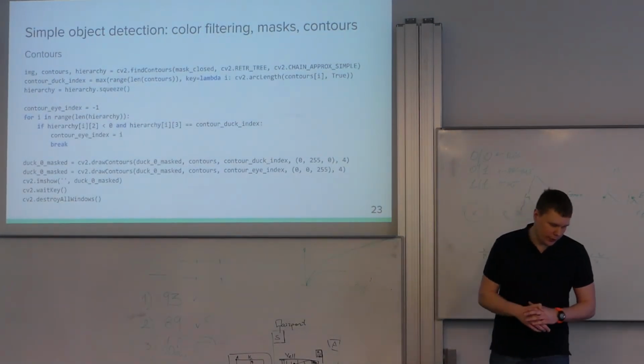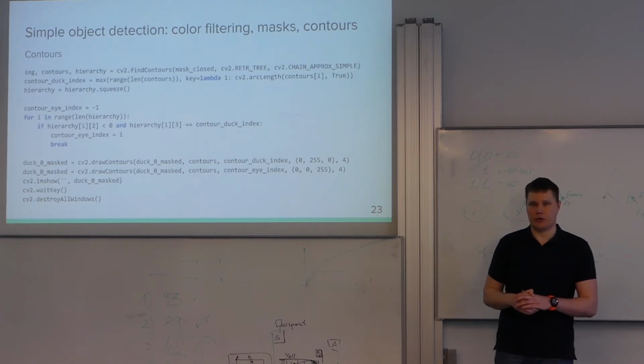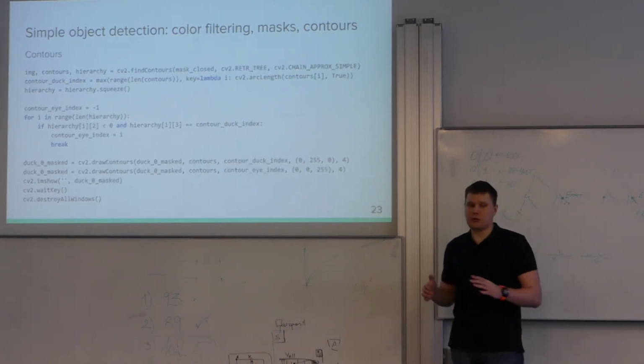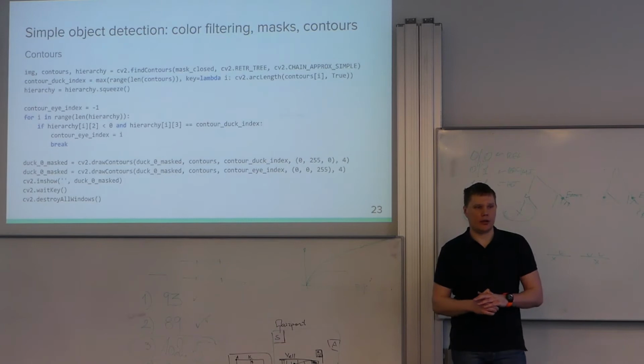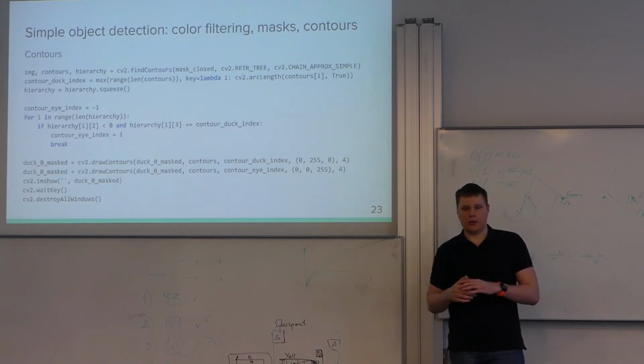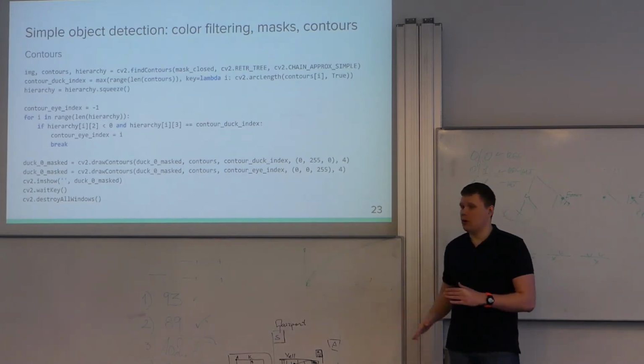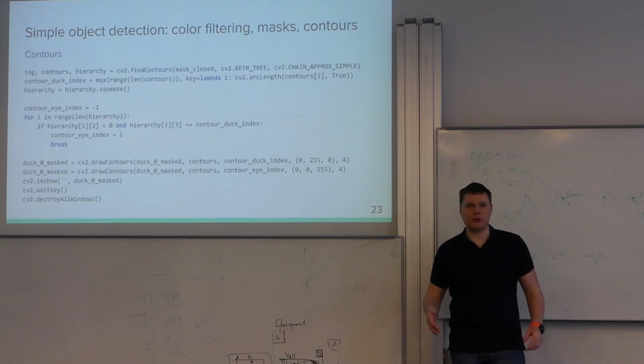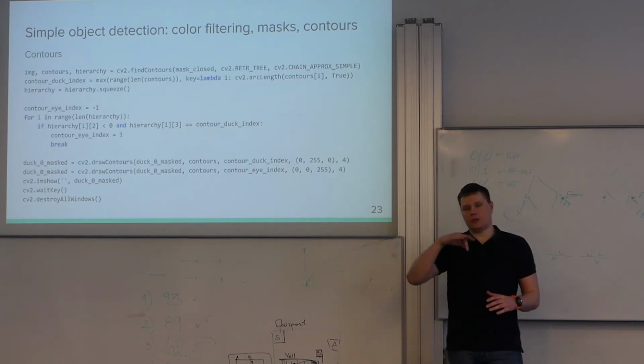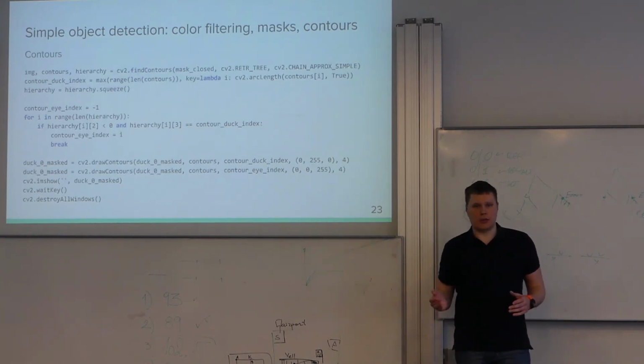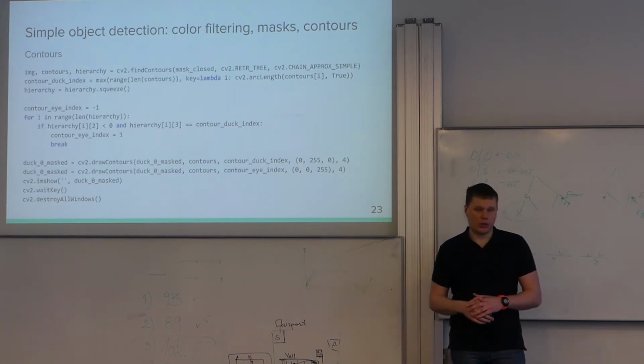We can do it with the findContours function. findContours works with binarized images. What does it mean? It means that all 0 pixels are considered as 0, and all non-zero pixels are considered as ones. And findContours tries to find closed lines in our image.